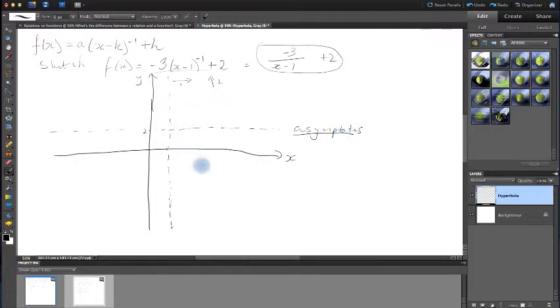Next thing I notice is I've got a negative sign out the front, so it's been reflected. So I know that the general look of it is something along these lines, as it's been reflected across the x-axis. Now all I need to do is to show that it has been dilated by this factor of 3.